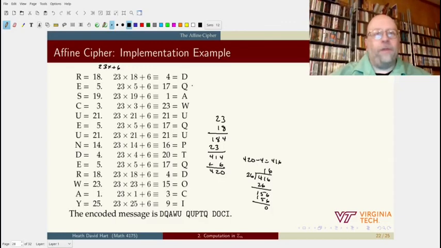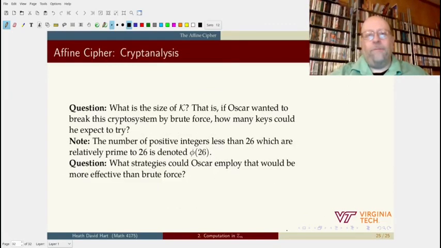Shows up here, and here, and here. And so I would guess that Q converts back into something that's relatively common. I don't know for sure what it is, but the fact that it turns out to be an E doesn't surprise me. It would surprise me if it turned out to be a J. So even though the size of the key space could be somewhat large, Oscar could strategize this by using letter frequencies again. Okay?